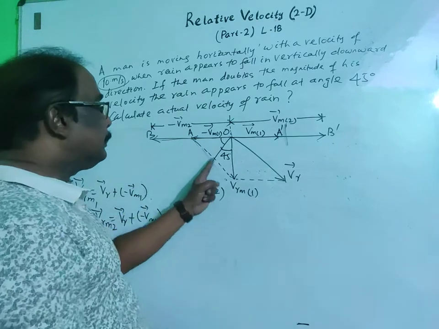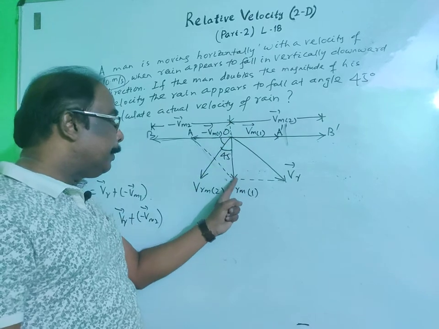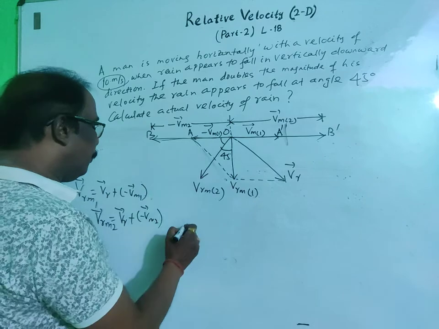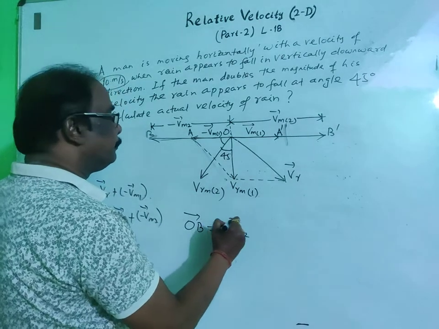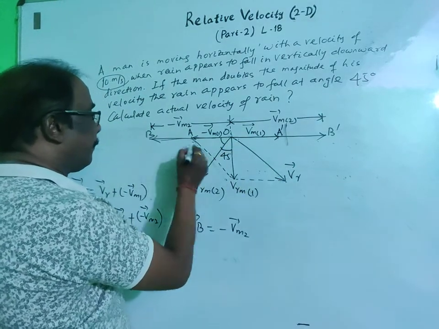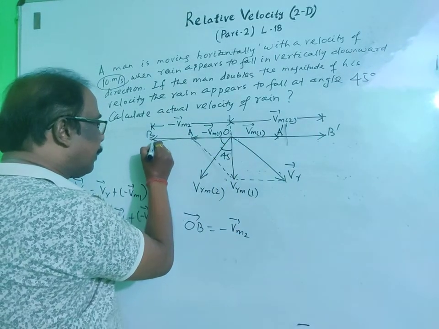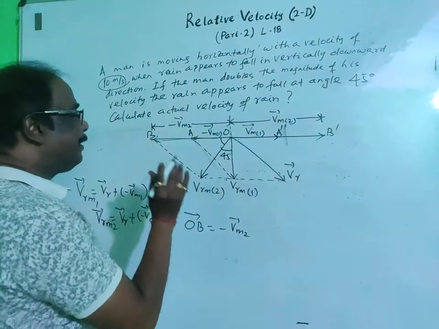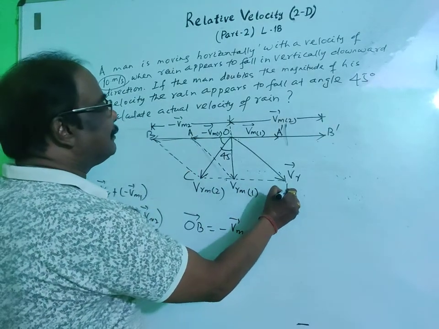Now, this is the first case, Vr minus Vm and Vrm1. Then second case, this is minus Vm to OB. OB represents minus Vm2. Okay. Then minus Vm2 and Vr. These are two adjacent sides of a parallelogram, and this is diagonal. Complete the parallelogram.